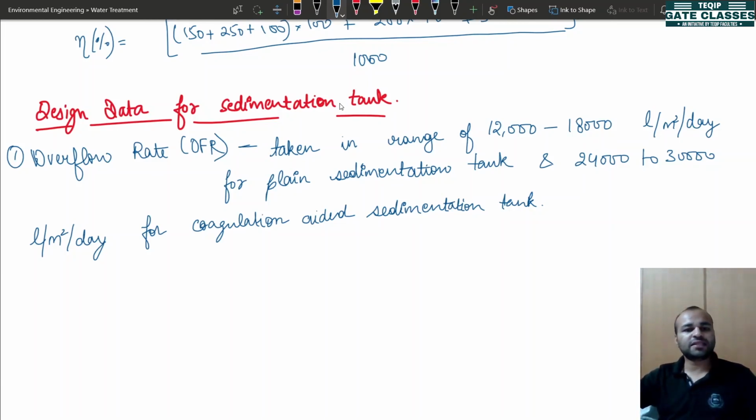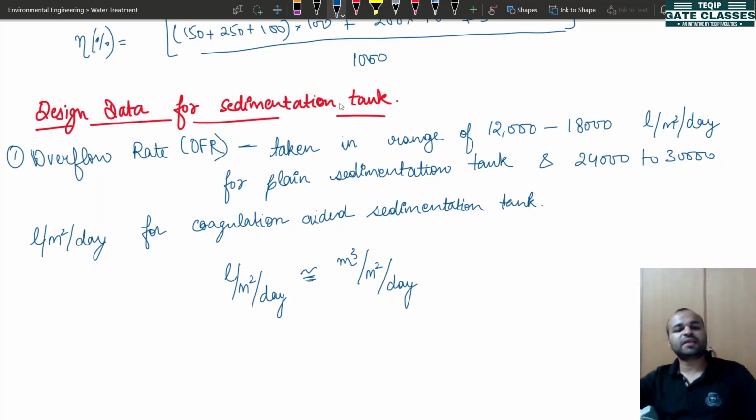Now this unit liter per meter square per day, I can also write it down as meter cube per meter square per day. Okay, this unit has the same meaning. Okay, the values will be different. For this you need to find out that in 1 meter cube how many liters come. Okay, this is your short homework.